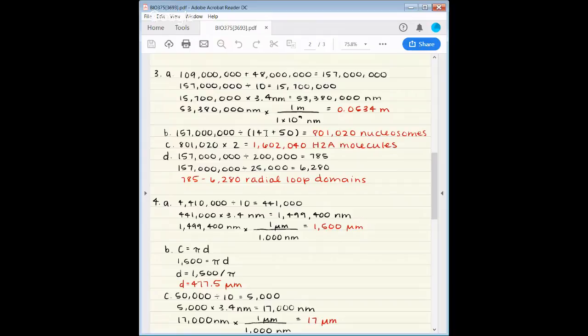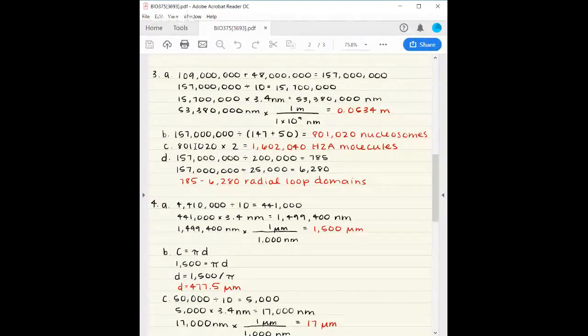And so I added these together to get 197. I divided 157 million by 197 and got 801,020 nucleosomes. And then for C, how many H2A molecules would you expect to find within this translocation chromosome?